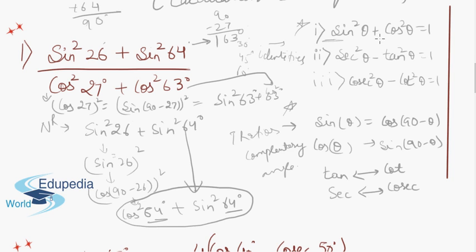Again, applying the first trigonometric identity, this part has also become 1. So the question has become 1 by 1, that is 1. So the answer of this question is 1.